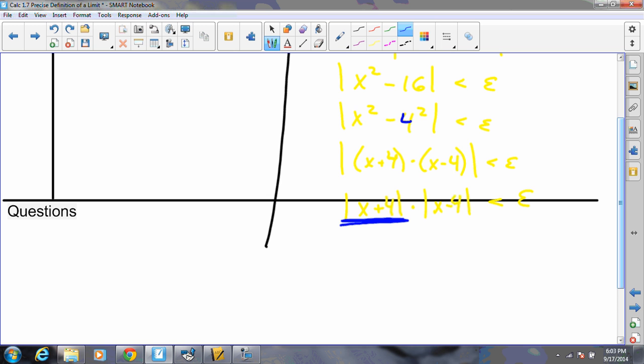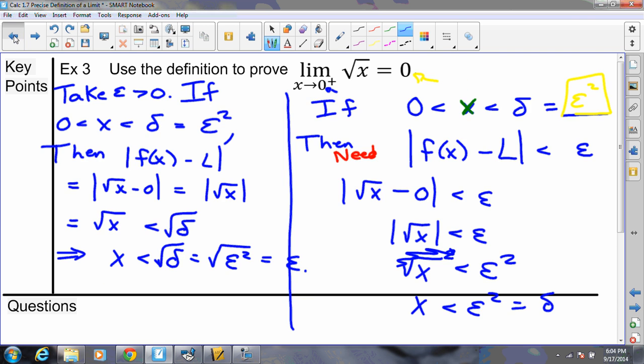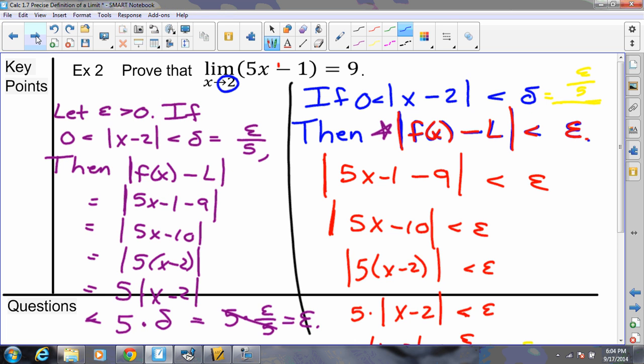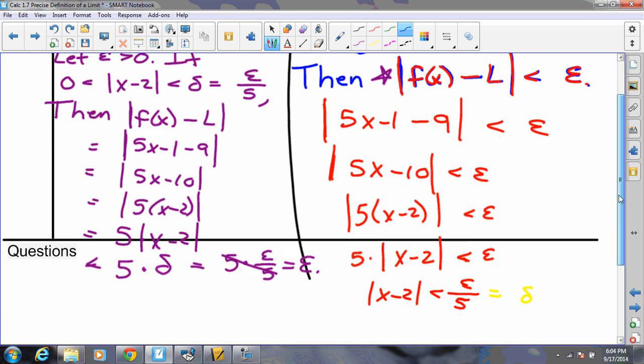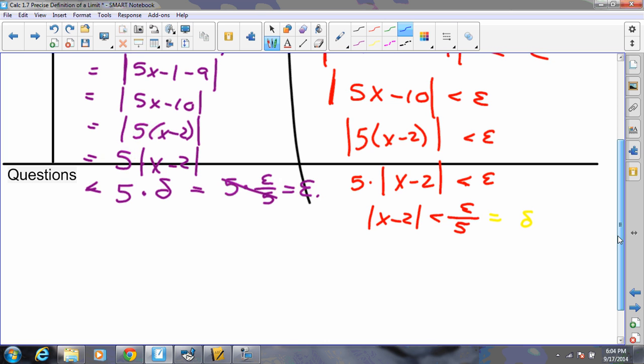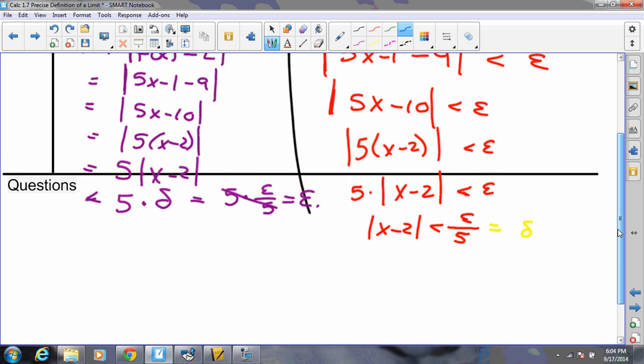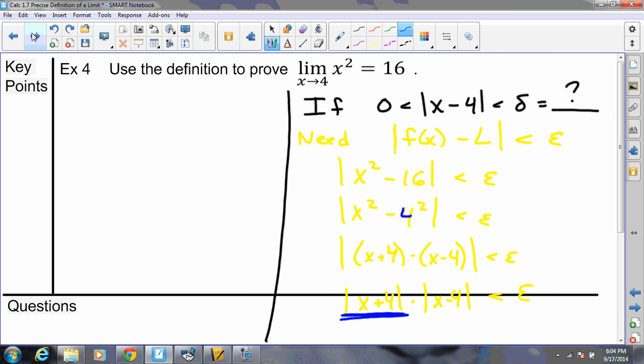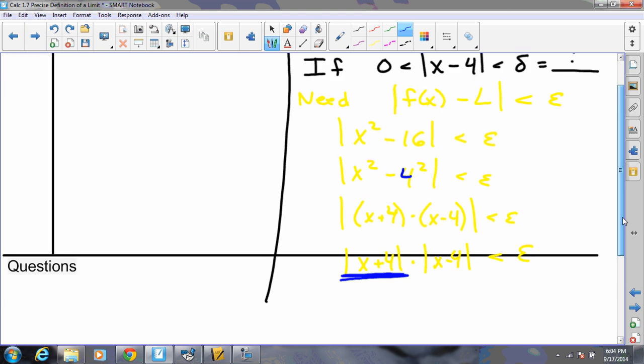When we did our linear one back in example number 1, when we got to example number 2, we had a constant number 5. Now, we don't have a constant like the number 5. We actually have something that's still involving the x.